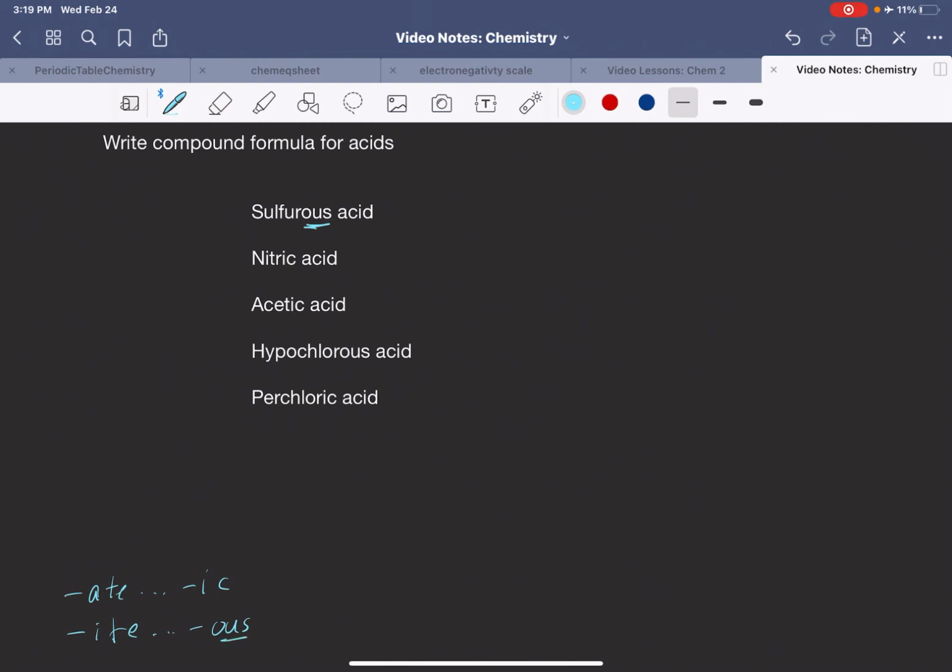Sulfurous must have meant that it ended in ite, so we must have had sulfite. And sulfite is SO3 2 minus, so it must have been mixed with the hydrogen ion. So we would get H2SO3 for the formula. All right.